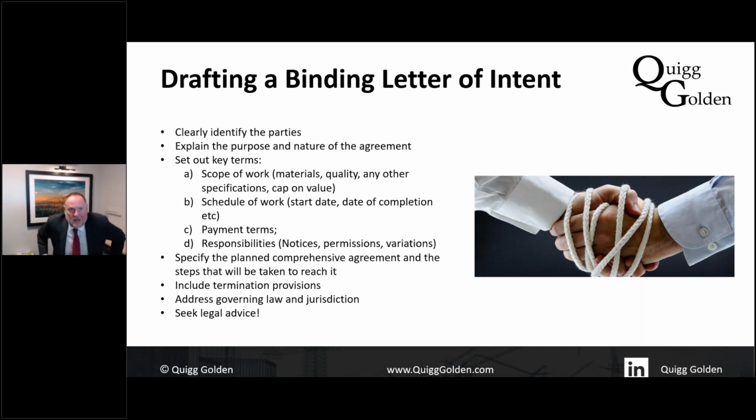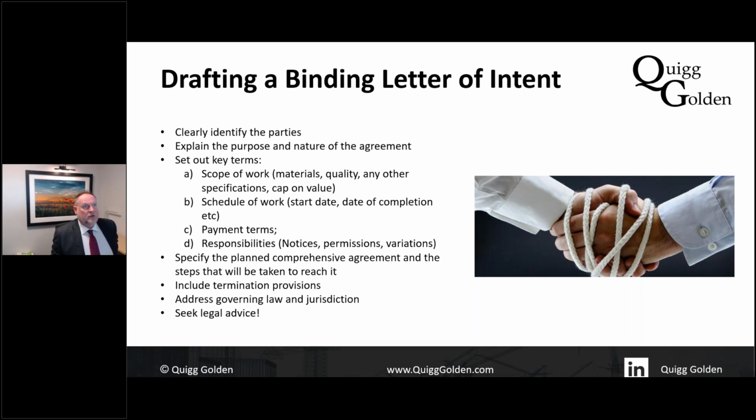So although it's tempting to write a short letter of intent without too much by way of specifying the quality, program, and so on, you have to do that. You still have to make reference to the earthwork specification, the steelwork specification, some requirement in relation to program, or else the main contractor could take as long as they possibly want.